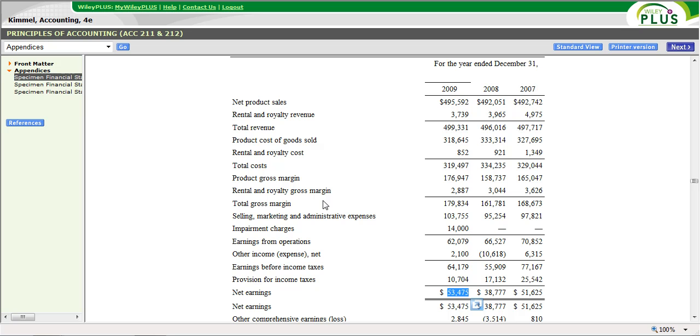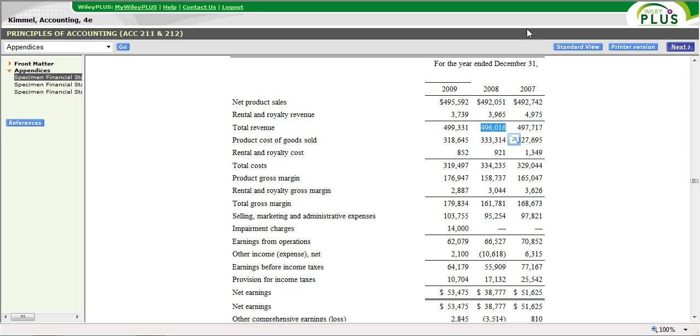Profit margin ratio is net income divided by net sales. That's what it says in your textbook, but the BYP problem says use total revenue. So for 2008, this is net income, and you're going to want to divide that by total revenue because it says in the BYP problem to use total revenue. So questions 2 and 3 are doing this same calculation for 2008 and then for 2009.